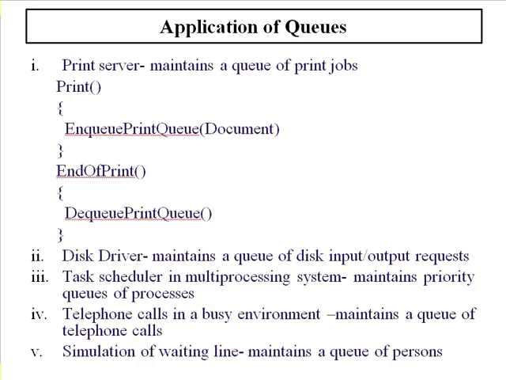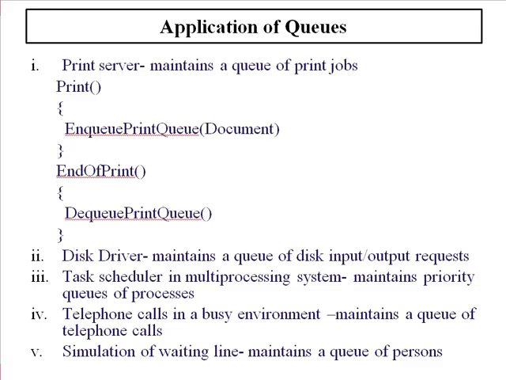The disk drivers are also internally using the queue data structure. For the input output requests, it depends on their arrival time. So internally it maintains the queue data structure. The task schedulers in operating systems and multi-processing systems use it internally for execution of processes, using the priority queue type.